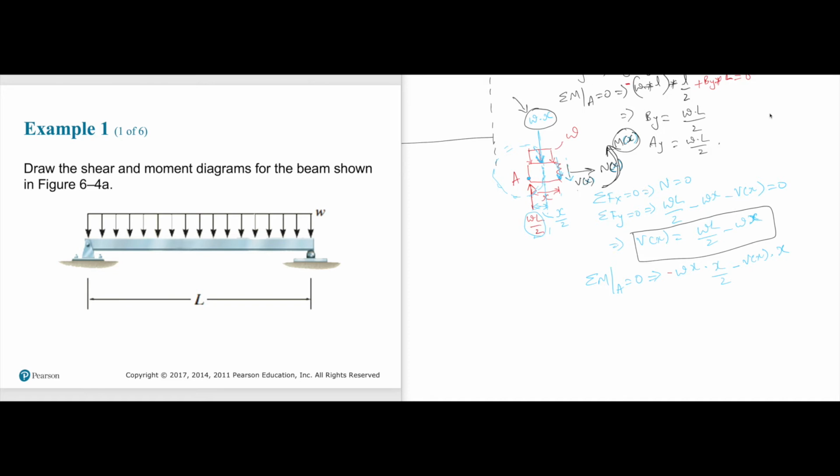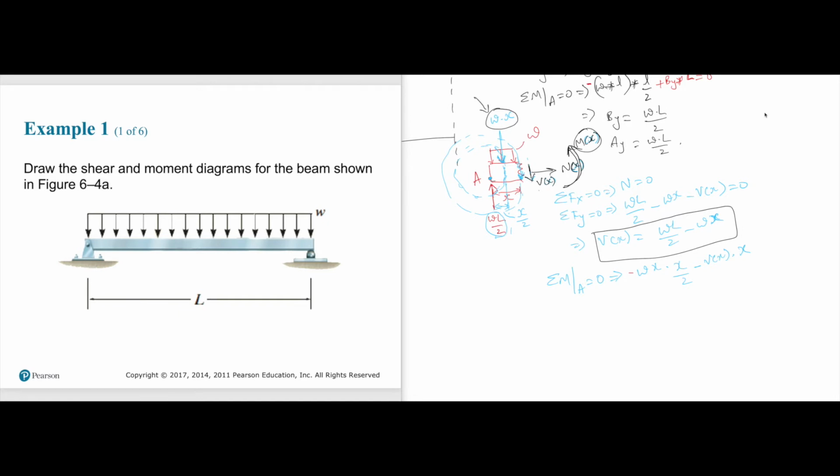This is V of x and it is at a distance x away from A. You multiply force times distance, and even this one is going clockwise. Then we have Mx, which we assumed counterclockwise, equals 0.